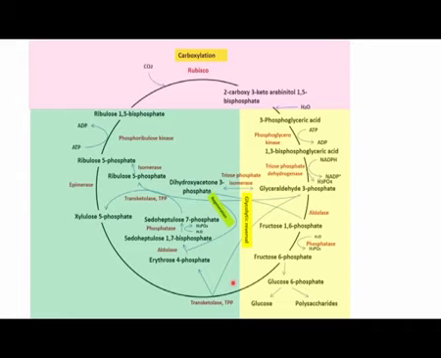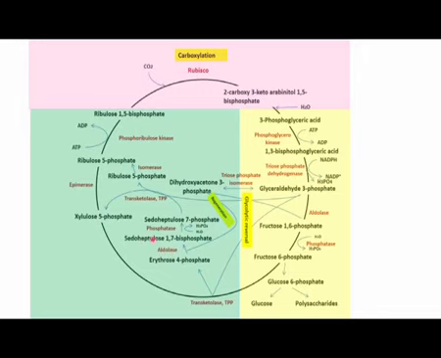After this, the erythrose 4 phosphate gets combined with dihydroxyacetone phosphate, which is an isomeric form of glyceraldehyde 3 phosphate, and by this condensation reaction it produces sedoheptulose 1,7 bisphosphate, and this reaction is catalyzed by an enzyme known as aldolase.